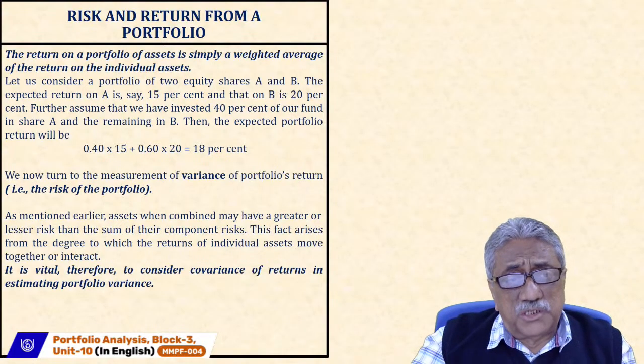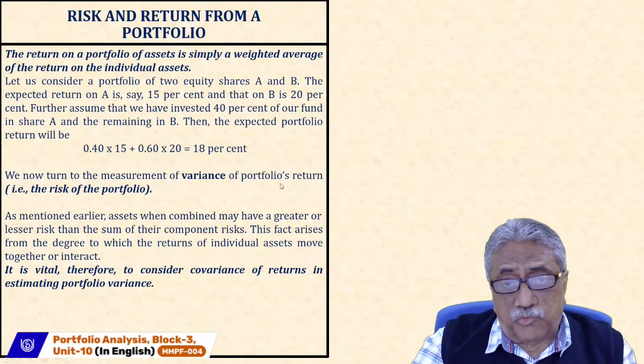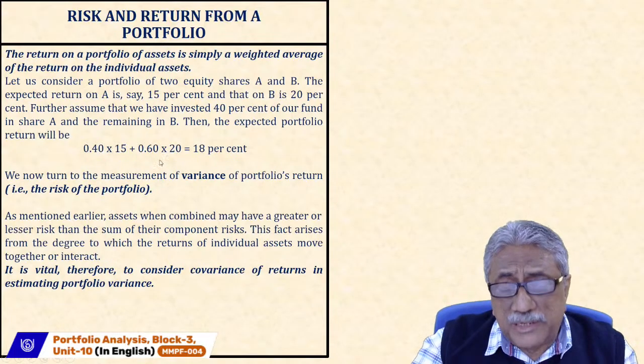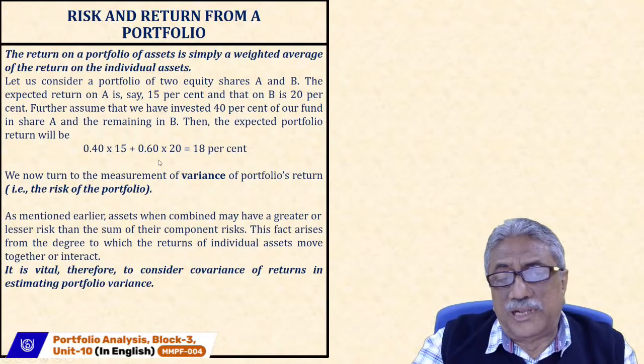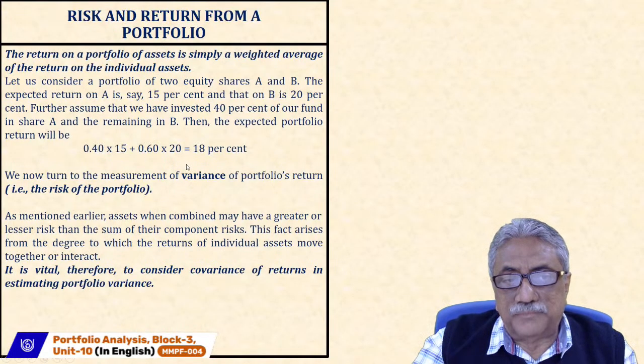But now question two comes: the measurement of the variance of the portfolio return, or the risk of the portfolio. Now here, what problem arises? It is not that the risk is the same if you add weightage. It doesn't work like that.